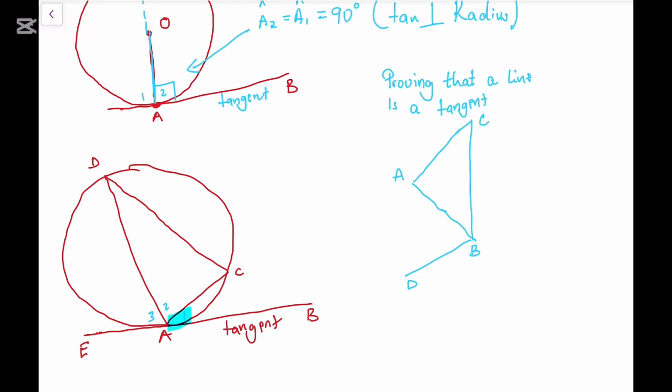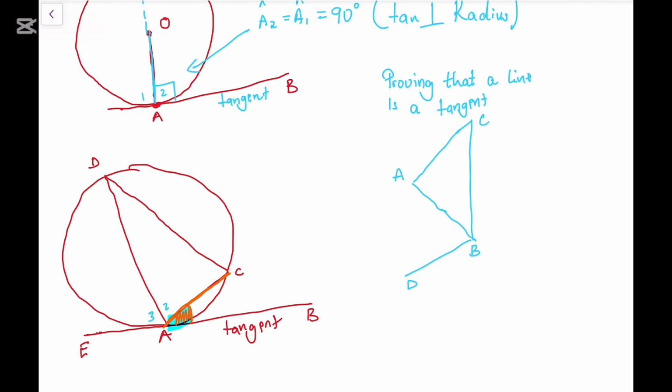So this chord must be drawn from the point of contact. So here is the chord. Chord is AC.